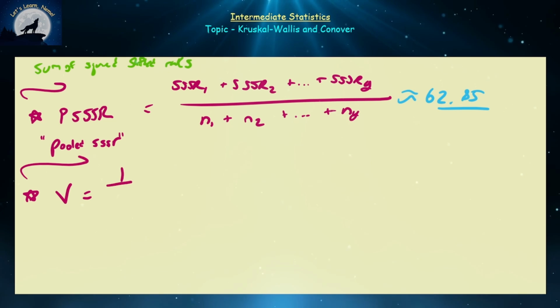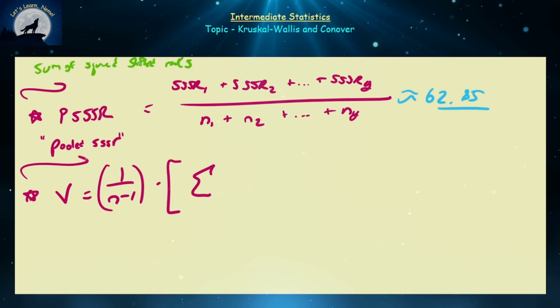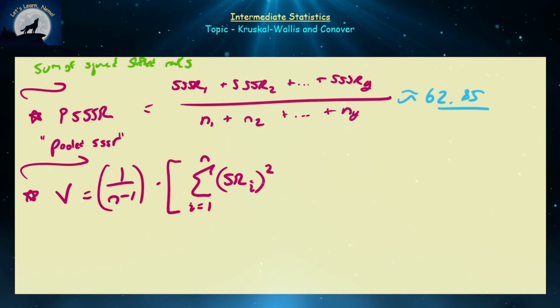So this is going to be equal to 1 over n minus 1 times, big bracket here, the sum from i equal to 1 to n of SRi squared. Remember when we took all of our values and subtracted the average, then took the absolute value, put them all in a set, squared them all, and added them all.